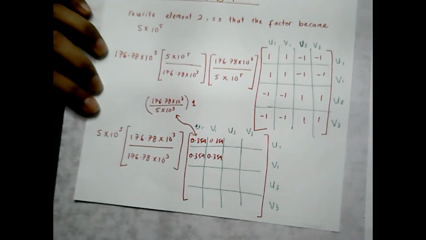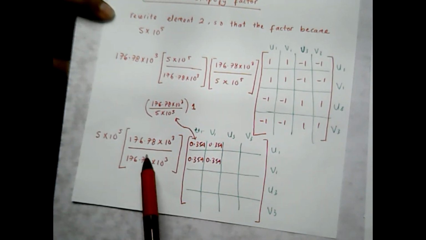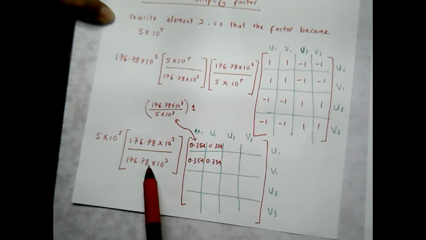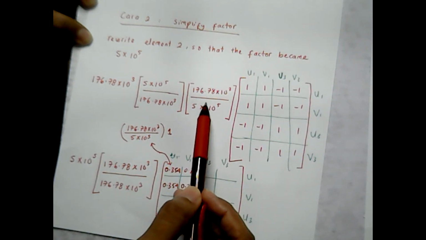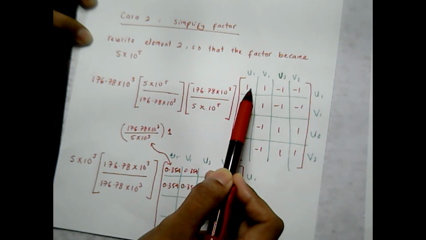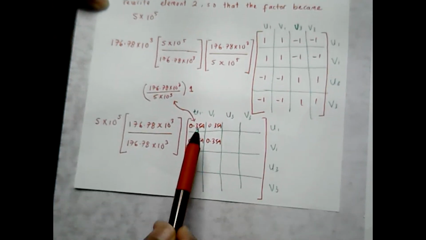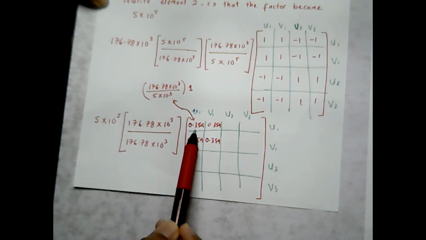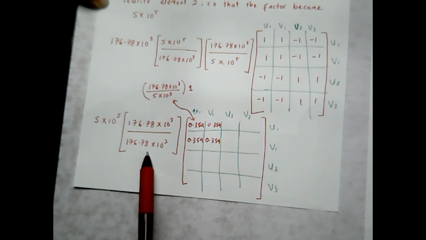In that case, here and here you can cancel, so it becomes 1. So this factor you multiply with 1, and you get inside 0.354. Then this divided by this equals 1.